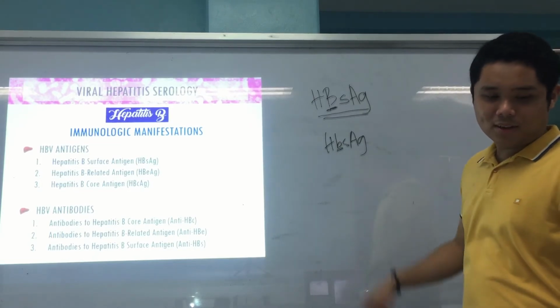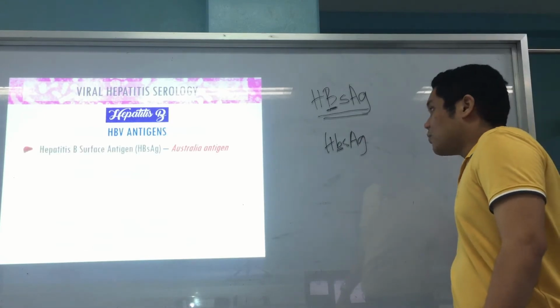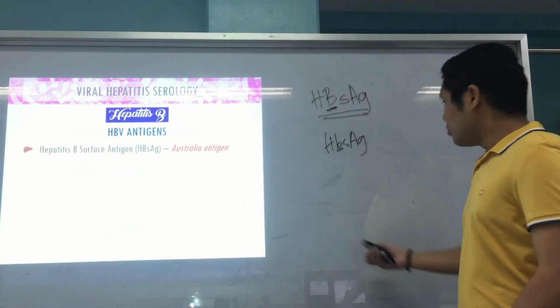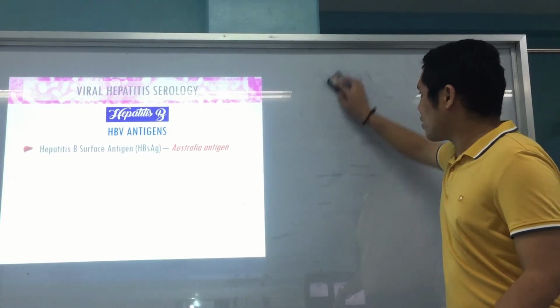Now, we go on to the HBV antigens, starting first with HBsAg. It's also known as the Australia antigen. Why is it called Australia antigen?